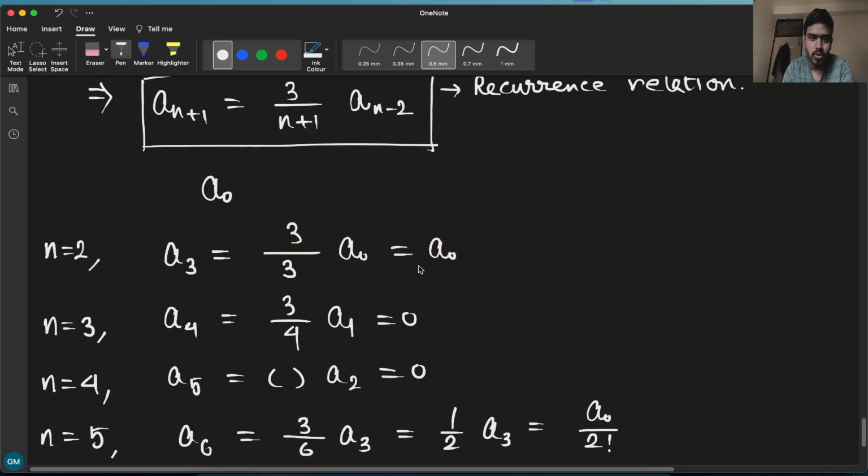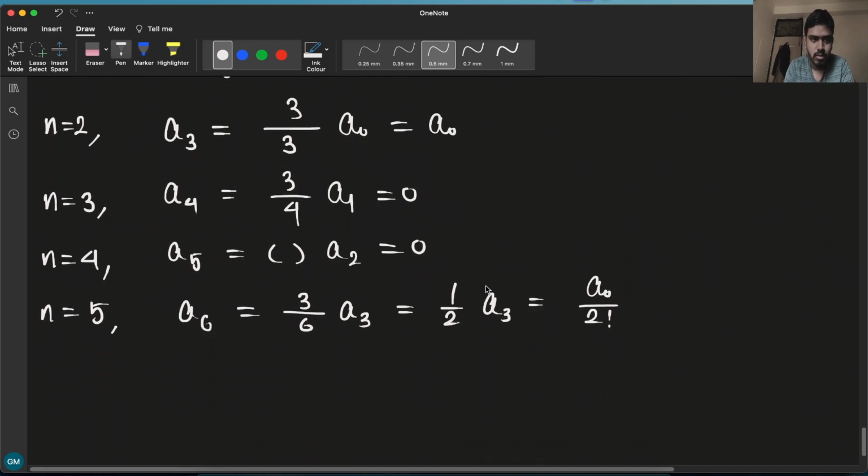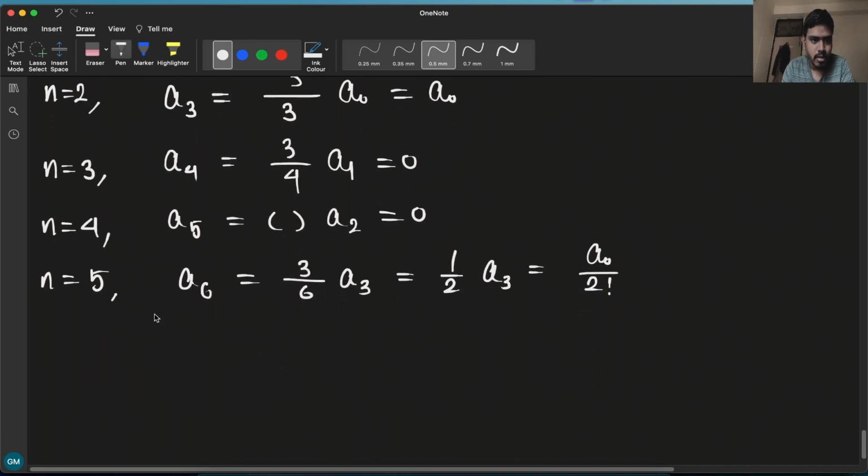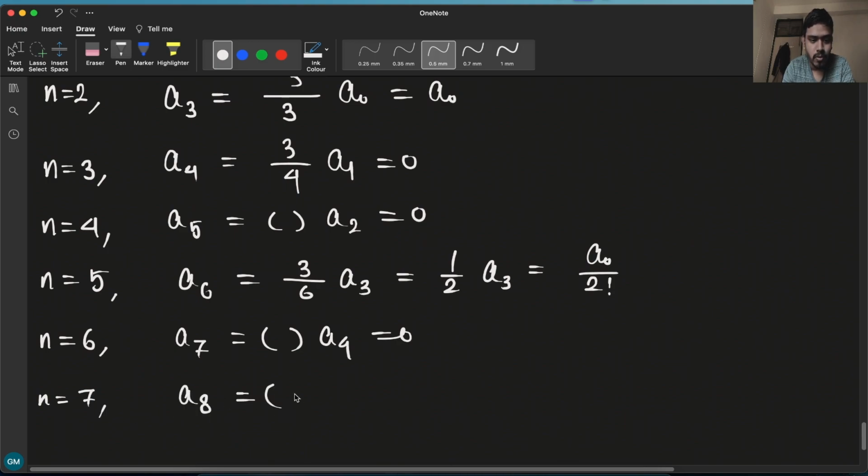Similarly, if I put n equals 6, we get a7, which is some factor times a4, and we know a4 equals 0, so this is 0. If I put n equals 7, we get a8, which is some factor times a5, and a5 equals 0, that means a8 is also 0.